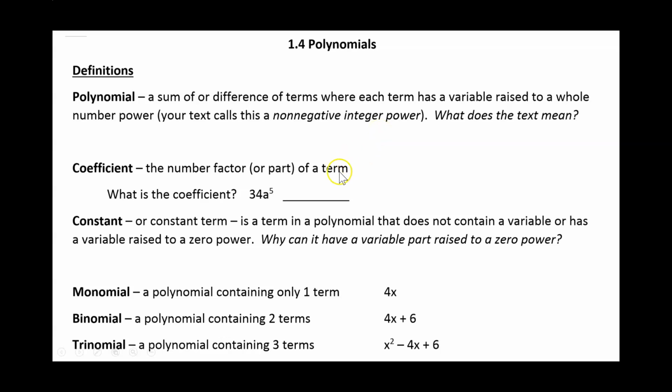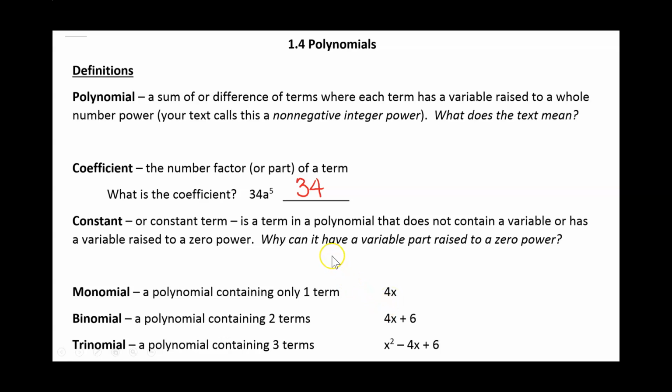All right. So when you have a term like 34a to the 5th, the number that's out in front is your coefficient. So in this case, your coefficient would be 34. If we look down here, what's the coefficient of 4x? It would be 4.